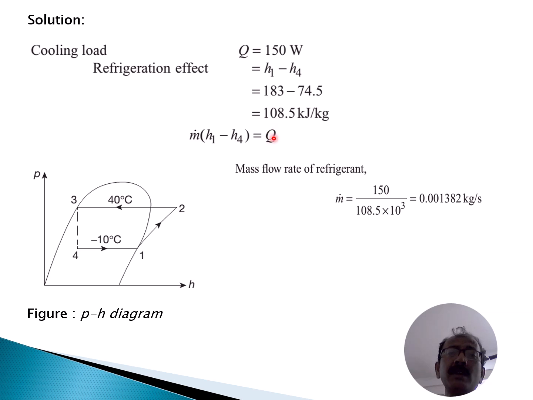So finally this is the refrigerating effect, which is multiplied by the mass flow rate to give Q. So the mass flow rate is m dot equals 150, the cooling load in watt, divided by 108.5 into 10 to the power 3, and the value of the mass flow rate is 0.001382 kg per second.